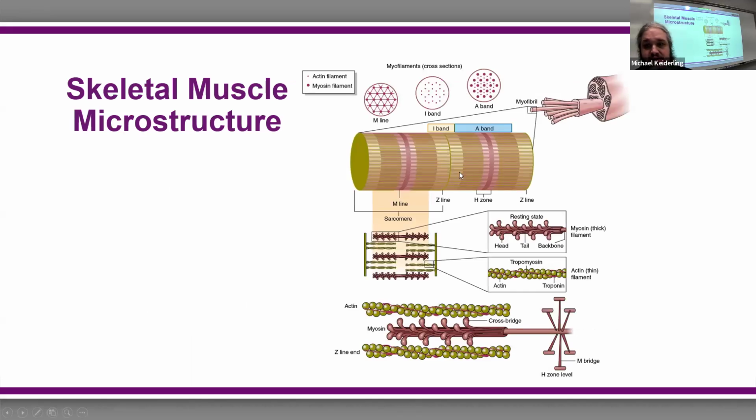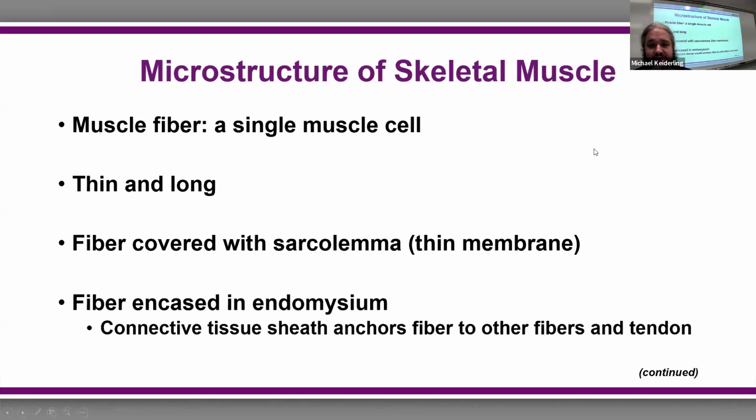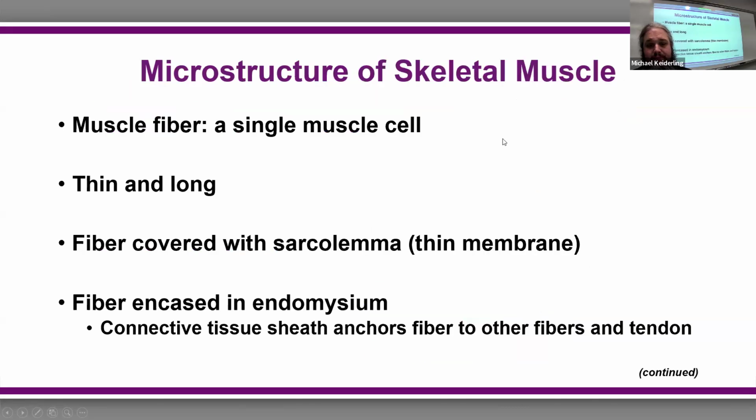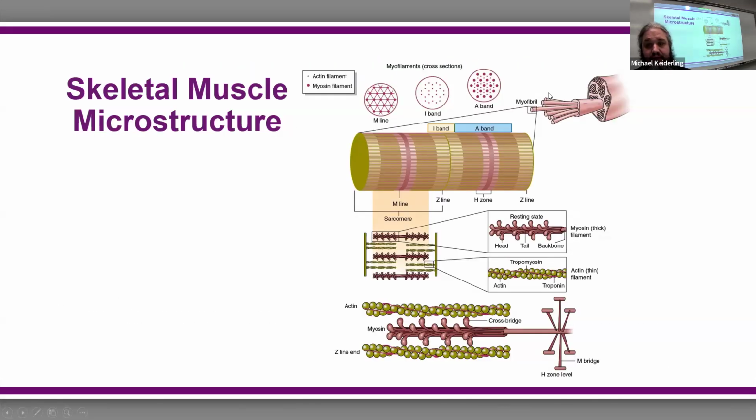So here's an image. We have a bunch of individual fibers that are surrounded. Each individual fiber has a membrane of sarcolemma, each white fiber, and then it is surrounded by and connected to other fibers by the endomysium.